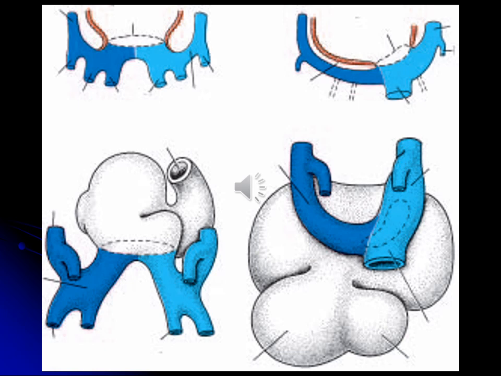And during this, the heart is suspended. This particular tube is suspended within the pericardial cavity, as I told you, by a fold of mesoderm called the dorsal mesocardium. This dorsal mesocardium later starts to disintegrate, so that there is a gap between the arterial end and the venous end.